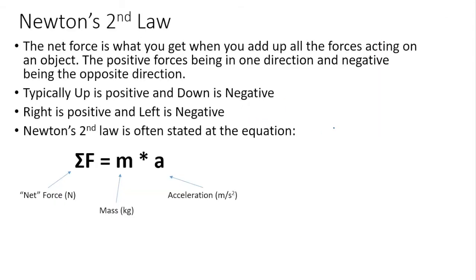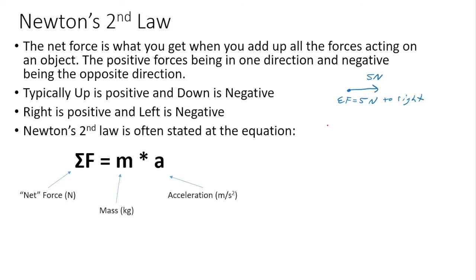So let's take a look really quick at net force and when we have forces acting to the left or the right and how we add those up. So for instance, let's say that we have a force here and that force is 5 newtons and it's pointed to the right. Well, in this case, our net force is just 5 newtons to the right.